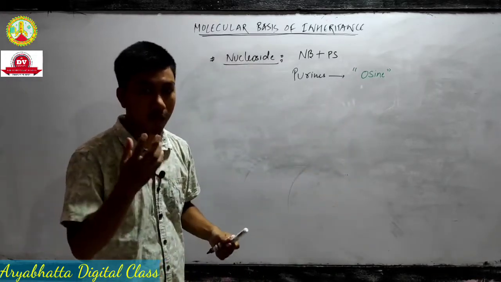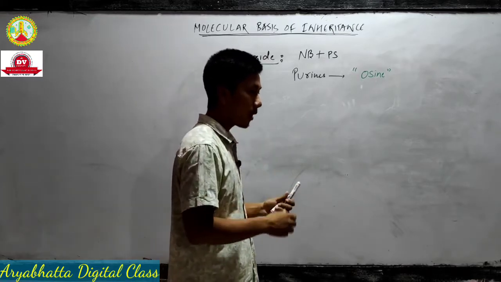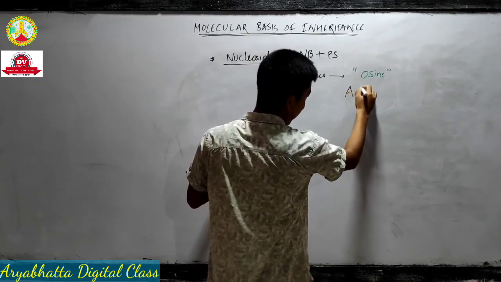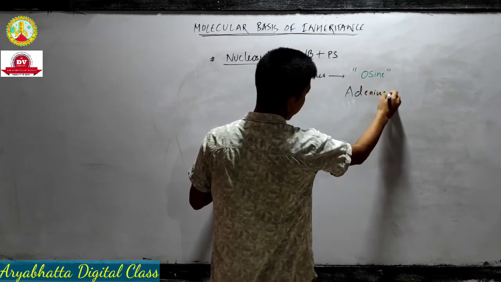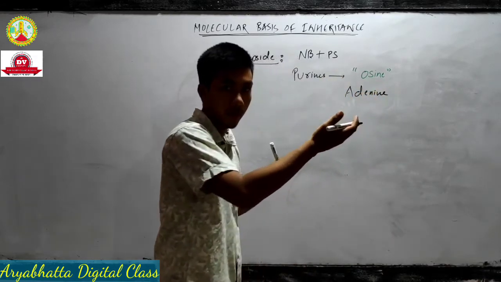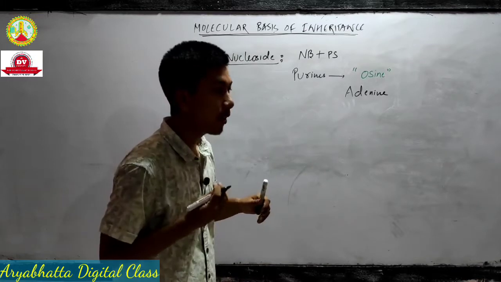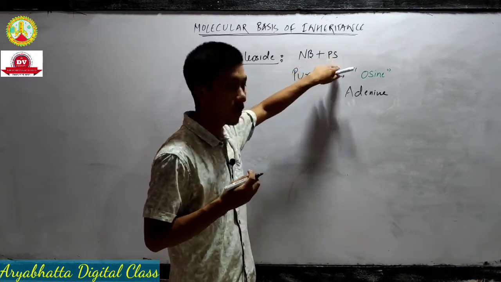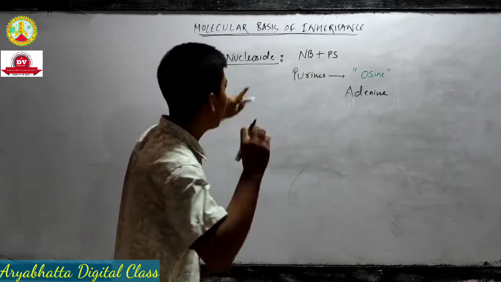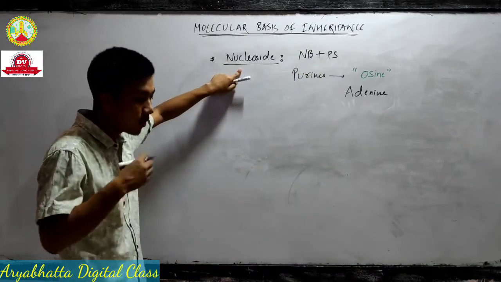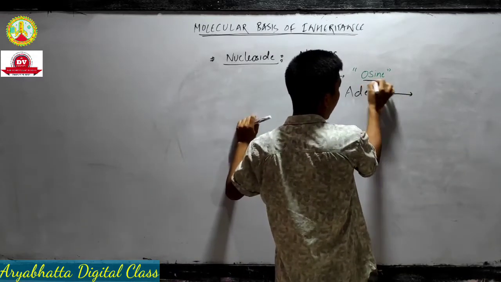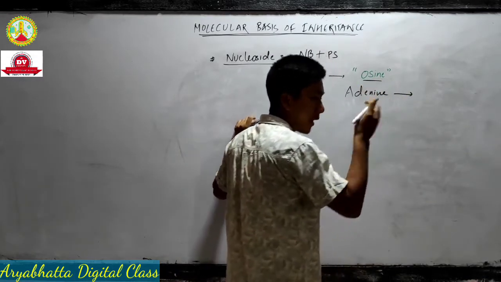So when we pronounce the name of a purine, for example, purine का example adenine. This was its original name, adenine. But when we find that adenine is made up of a nitrogenous base and pentose sugar, that is a nucleoside, we add this word towards the last part of the letter.